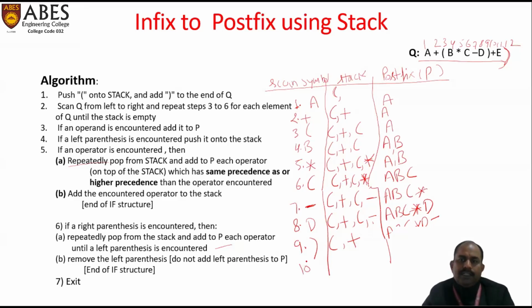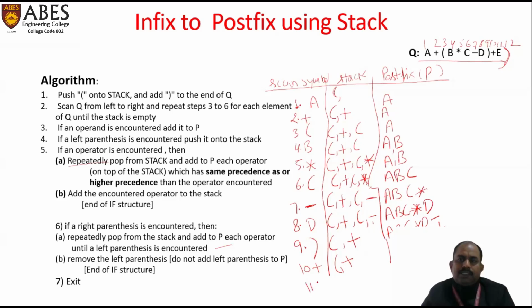Now in the 10th step, we can see this is a plus symbol. The algorithm says that if the operator has the same or equal precedence, then plus is already here and we are scanning another plus, so one plus moves to the expression: A, B, C, star, D, minus.